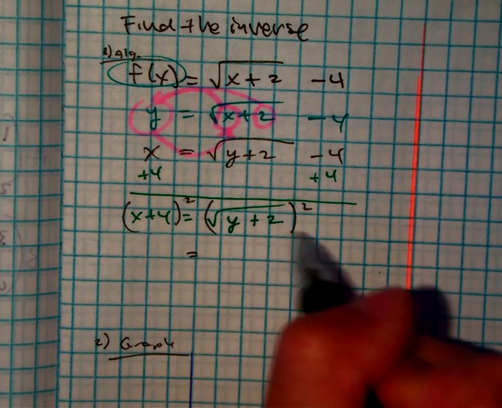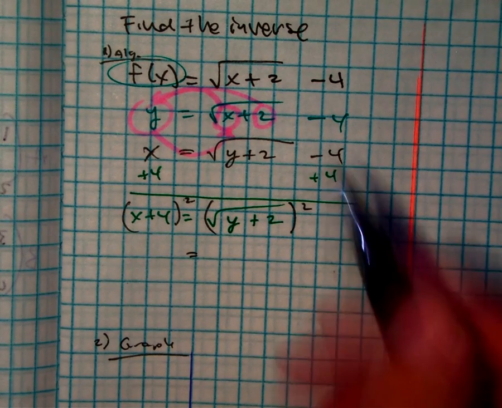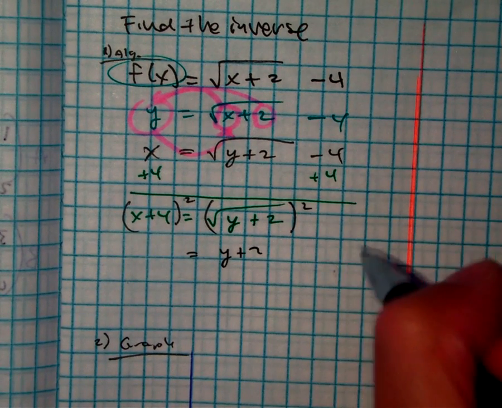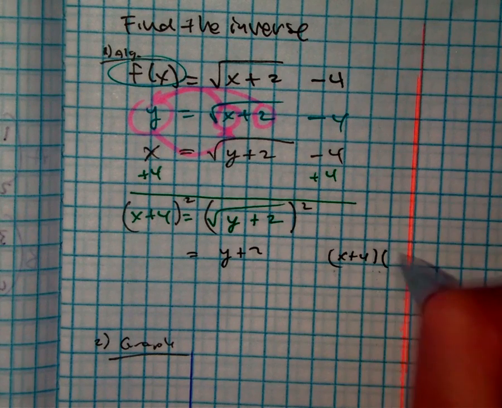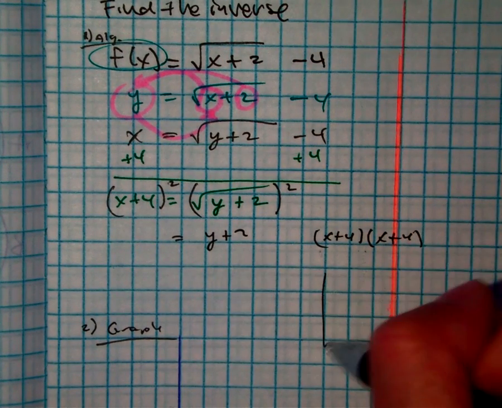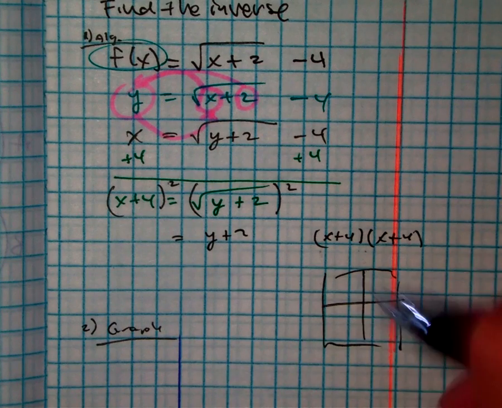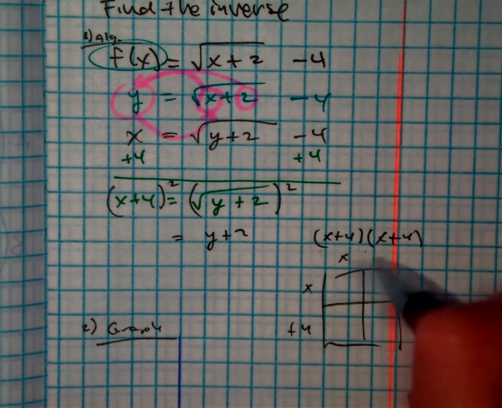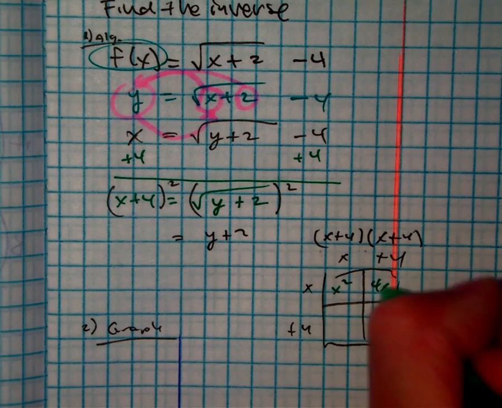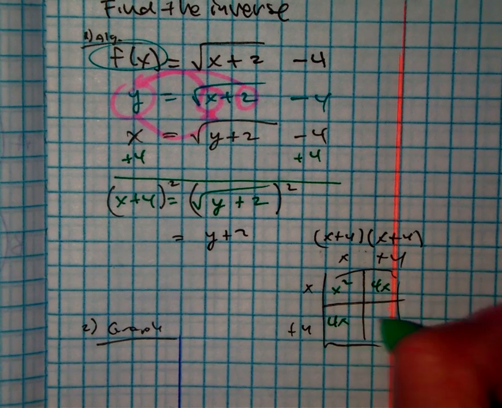Brenda, what's left on this side? Y plus 2. X plus 4 squared is x plus 4 times quantity x plus 4. And you can just put that into a box or foil. So you're going to have x squared, 4x, 4x, and 4 times 4 is 16.